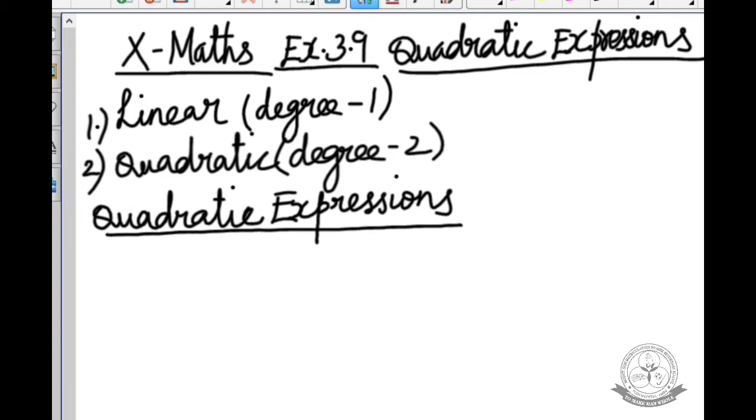Quadratic expression means it is of the form p of x equal to ax squared plus bx plus c.